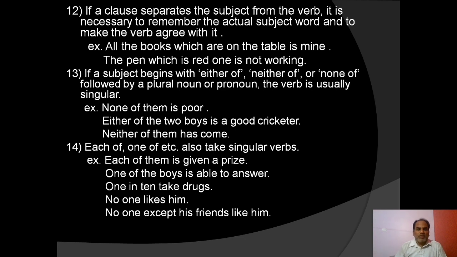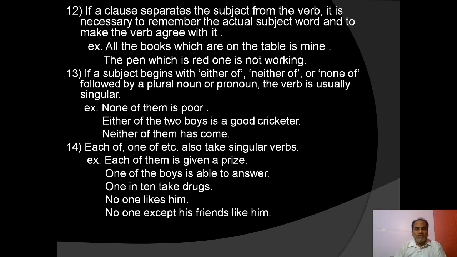Other expressions like each of, one of, etc., also always take singular verbs. Each of them is given a prize. One of the boys is able to answer. 1 in 10 takes drugs. You see something different. In one of the boys is able to answer, the subject is one, and it carries singular is.